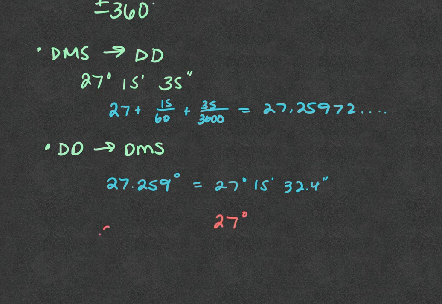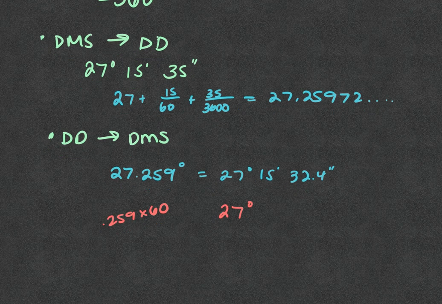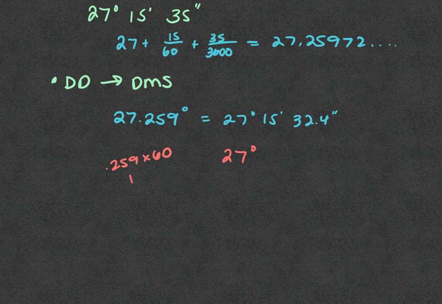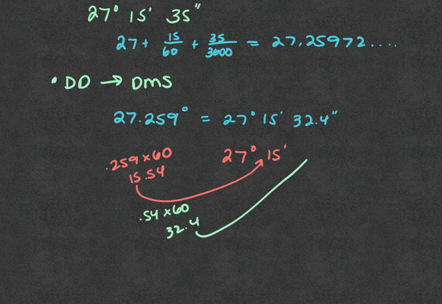I take the 0.259 and I multiply it times 60. And I get 15.54. And the 15 becomes the minute. And then I take the 0.54 and I multiply it times 60. And I get 32.4 and that becomes your seconds. So figure 2 questions like that.